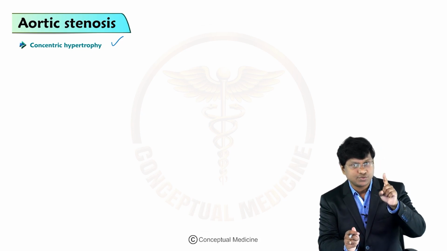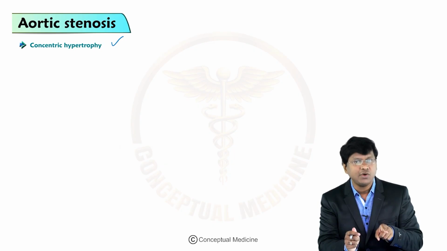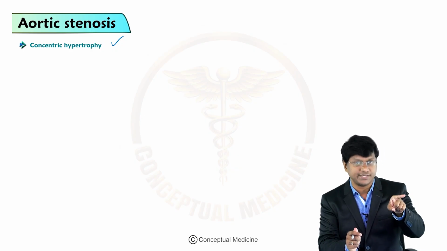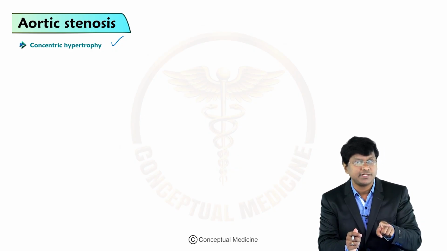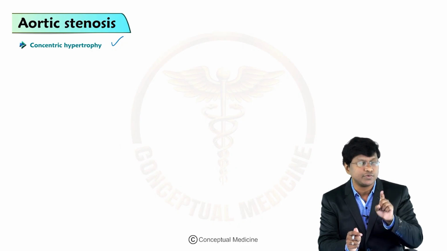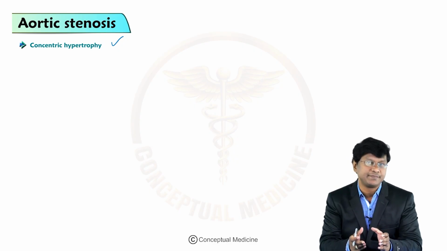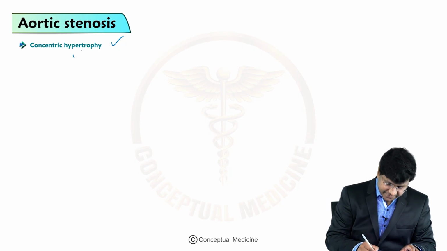So it is 120 in the aorta. Now what will the left ventricle try to do? It will try to increase the blood flow to the aorta so that even the aortic pressure reaches 140, and in that event the left ventricle undergoes hypertrophy. And what type of hypertrophy is that?